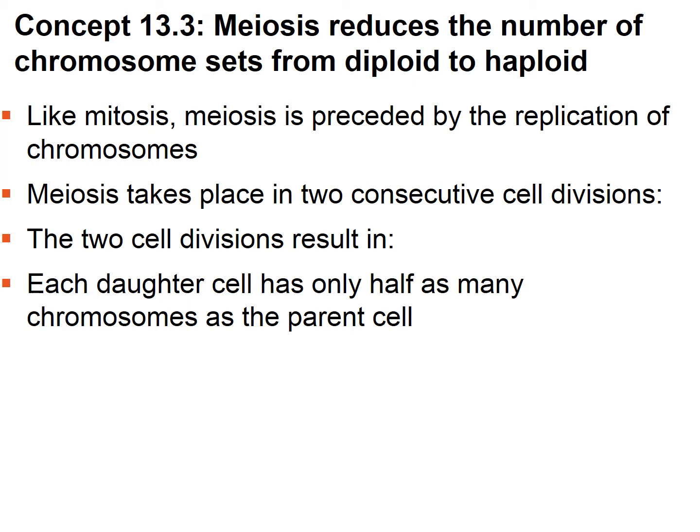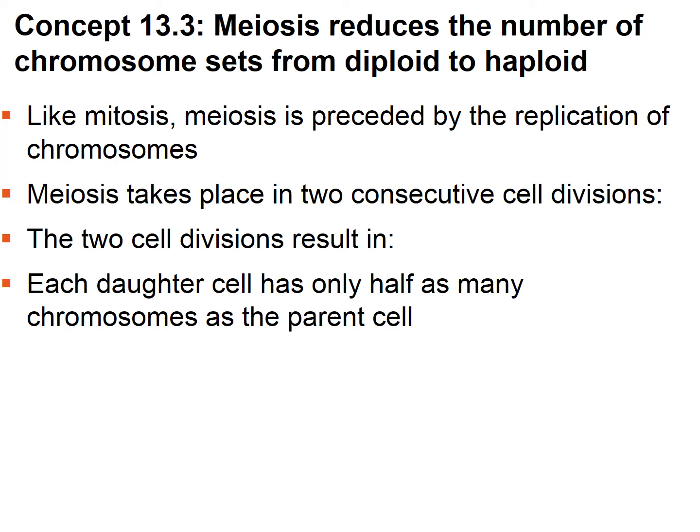So meiosis reduces the number of chromosome sets from diploid to haploid. And just like mitosis, meiosis is preceded by the replication of chromosomes. Remember, we said before mitosis, there was that interphase, and during interphase, there's the replication of chromosomes. Meiosis takes place in two consecutive cell divisions, meiosis 1 and meiosis 2.